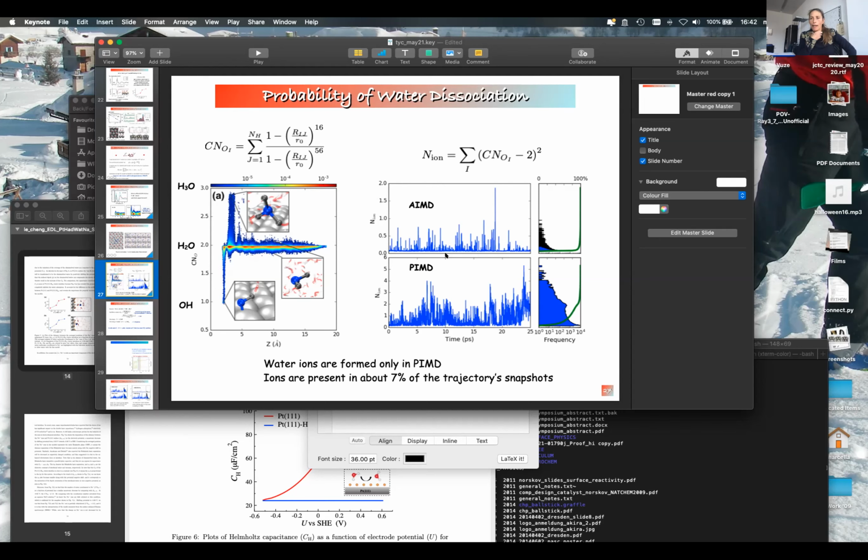It is a combined effect between the interface and the quantum effect. If you have just quantum effects on gold, you don't see this; you have practically no formation of ions. If you have just BOMD on platinum, you also don't see it, but combined, you see it. Okay.